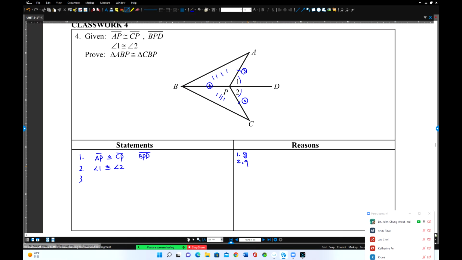Second one is also given. The third one is BP congruent BP, right? BP is a side of this triangle. BP is a side of the other triangle. It's the same line segment. That must be congruent. Okay, that is reflexive.